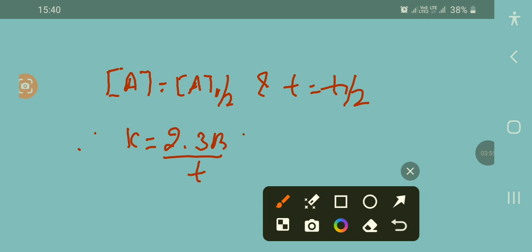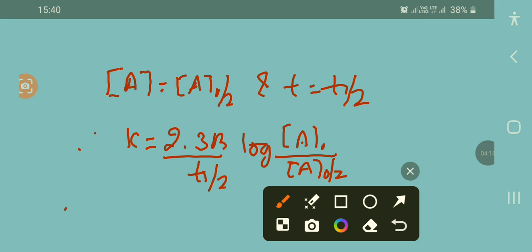2.303 by T log A naught by 2, and in place of T it is T half. K equal to 2.303 by T half log 2.